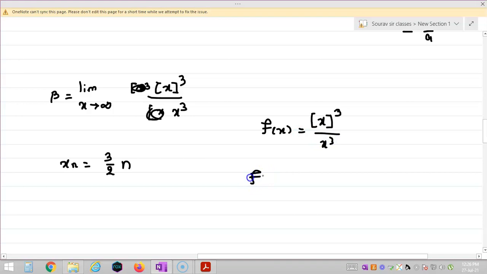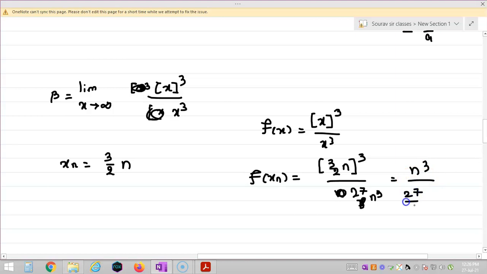Now f of xn is equal to (3 by 2 times n) whole cube by 27 by 8 n cube. Now 3 by 2 times n means 1 point something times n, so the greatest integer cubed gives n cube by 27 by 8 n cube. Cancelling n cube with n cube, I get 8 by 27.